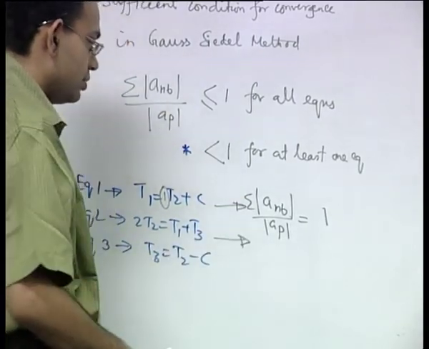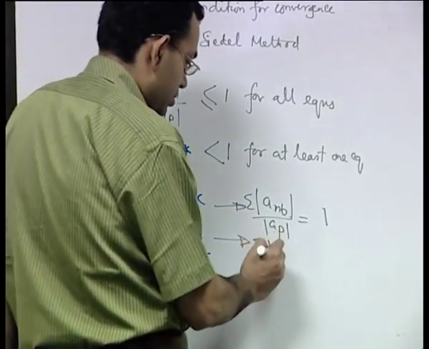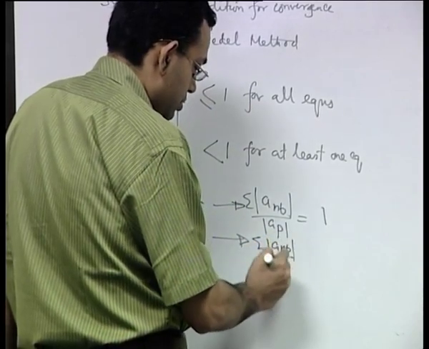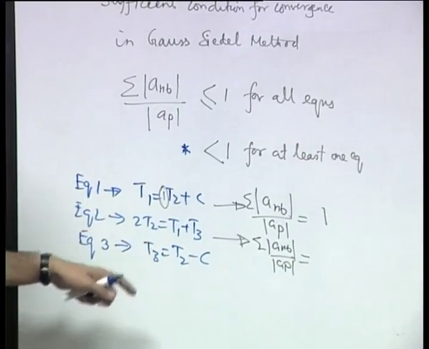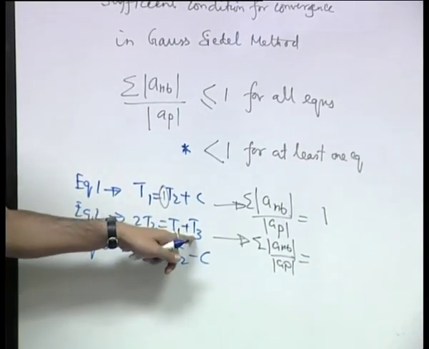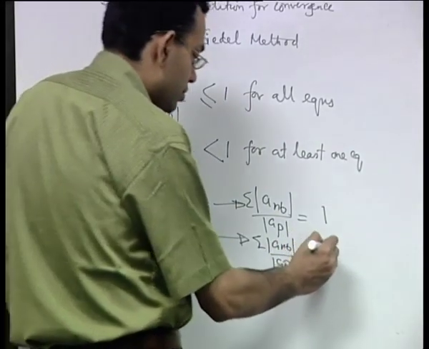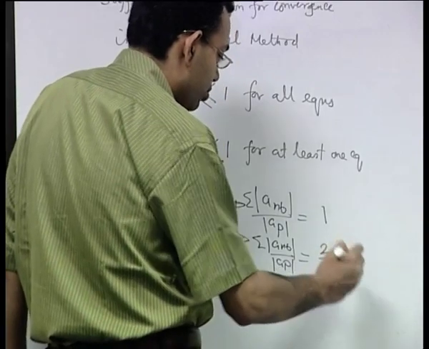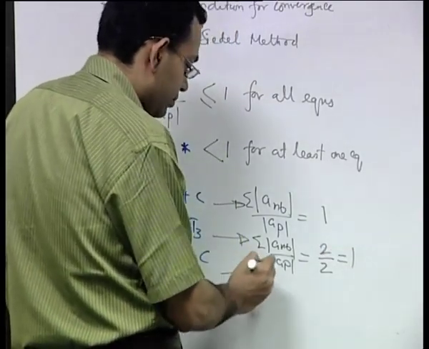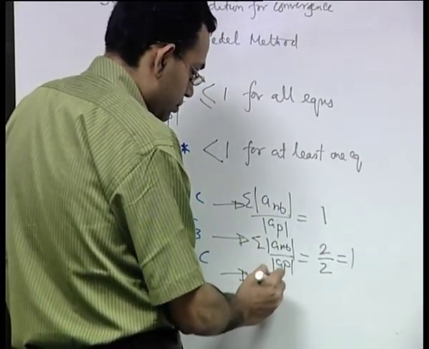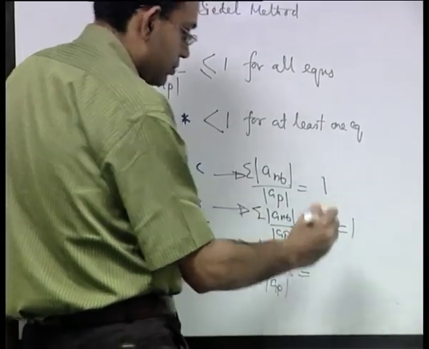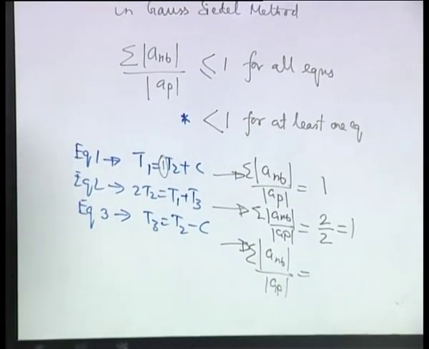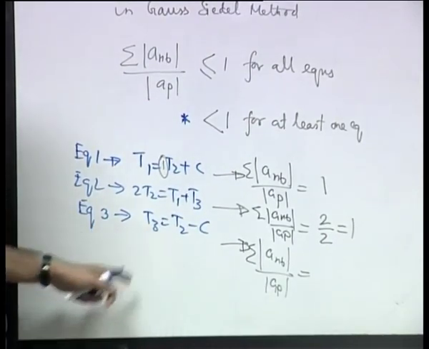This one, so 1 plus 1, 2 by 2, AP is 2, so that is 1. This one, again 1.